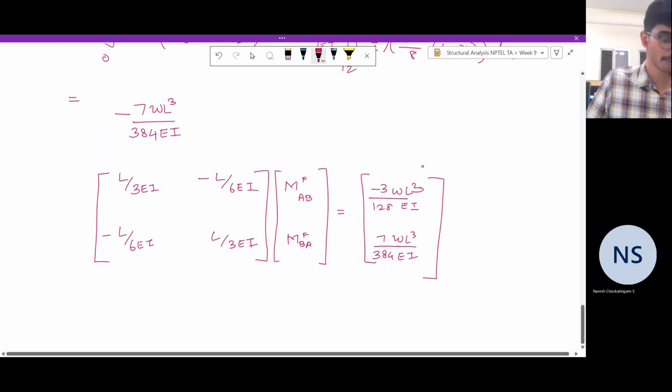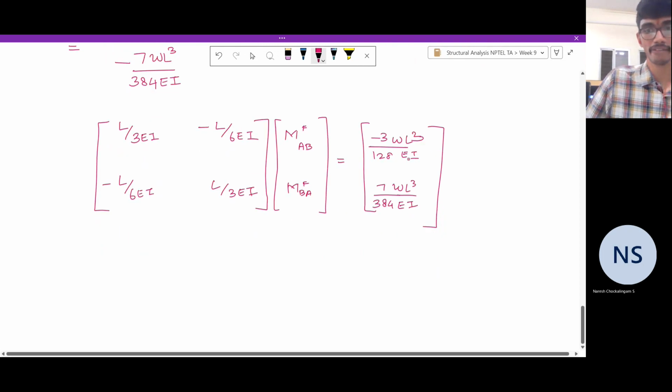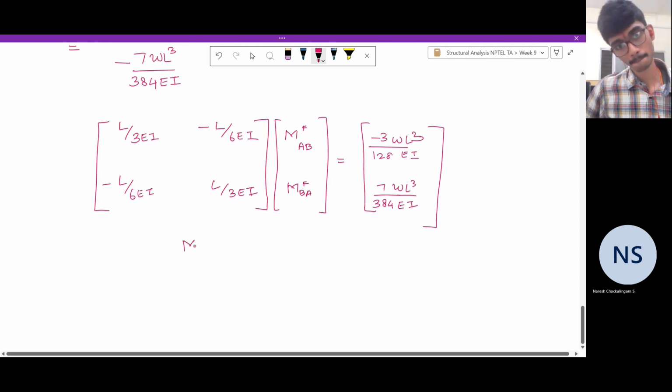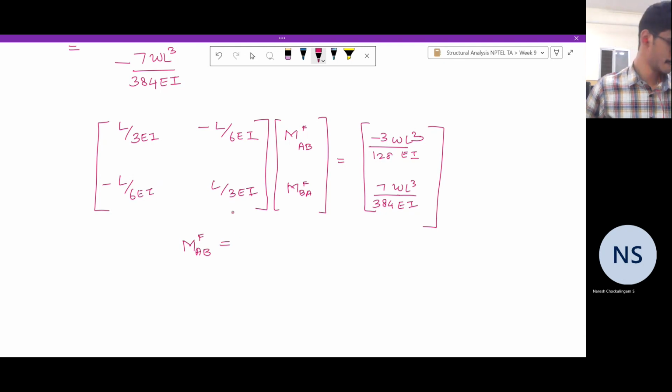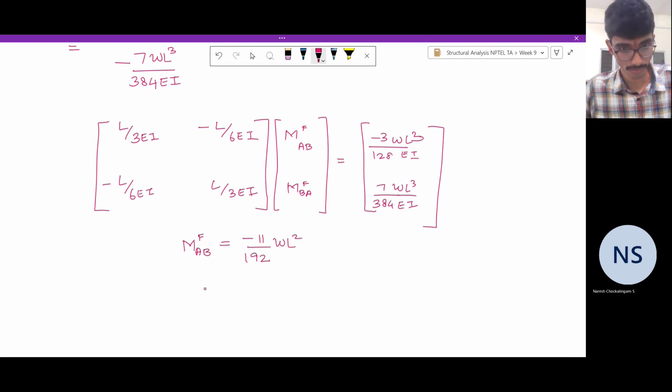So solve the system of equations, then we get MABF is equal to minus 11 by 192 WL square, and MBAF is equal to 5 by 192 WL squared.